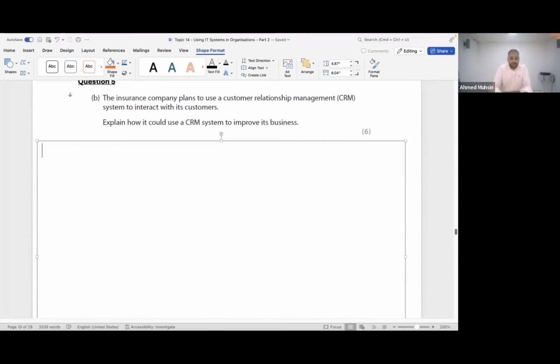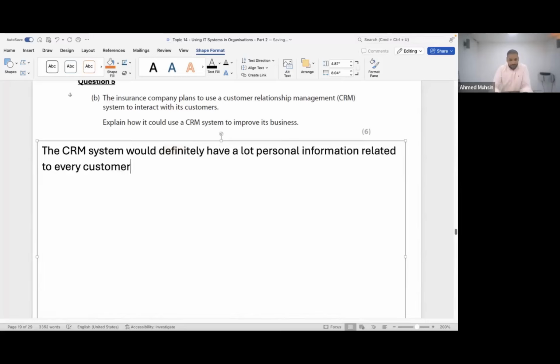You can say the CRM system would definitely have a lot of personal information related to every customer, such as their marital status, number of children, their earnings, their assets.